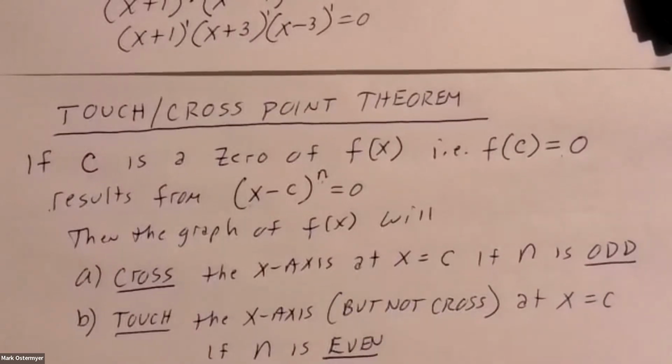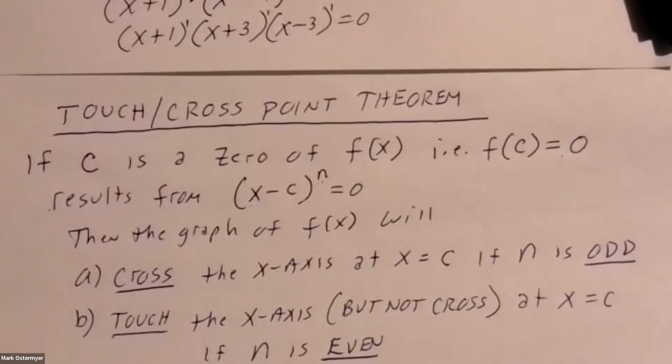Very important theorem, because this really enables us to sketch the graph of a polynomial function in between its left and rightmost behaviors. So this is a critical little theorem here called the touch cross point theorem. I would memorize this theorem.